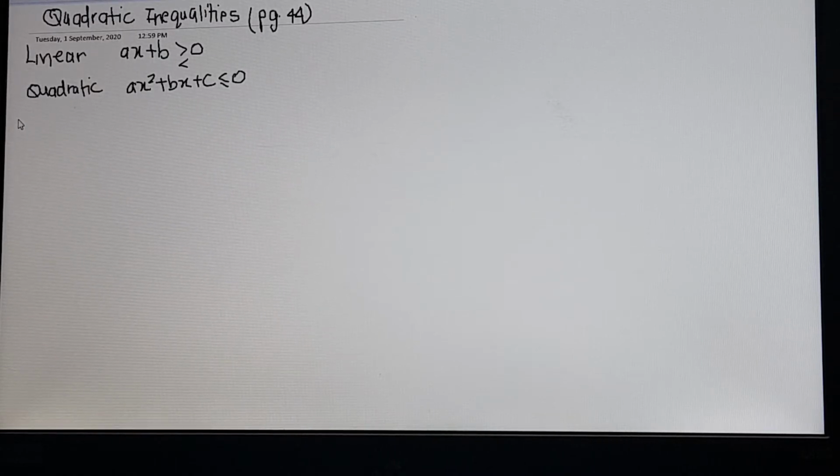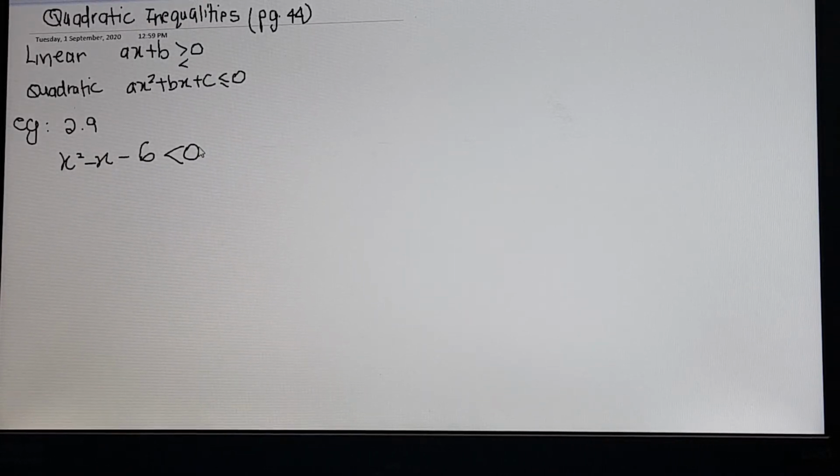Example 2.9. So solve for x squared minus x minus 6 less than 0. So in order to solve quadratic inequalities, there are three methods.